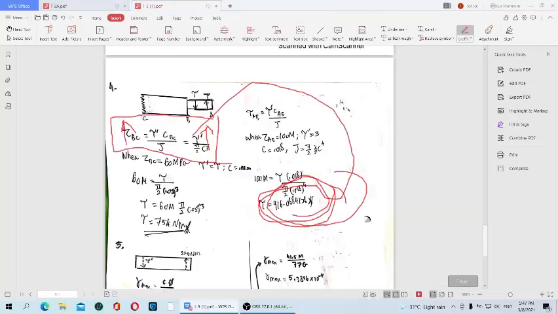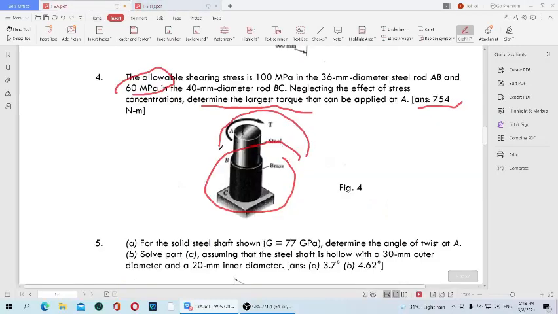So that's why we take 754 Newton meter. It is the largest torque that can be applied to the system while avoiding failure. 754 Newton meter is the largest safe torque that can be applied on the system.